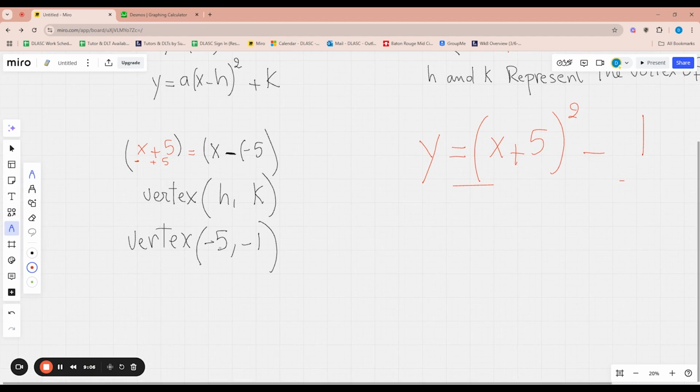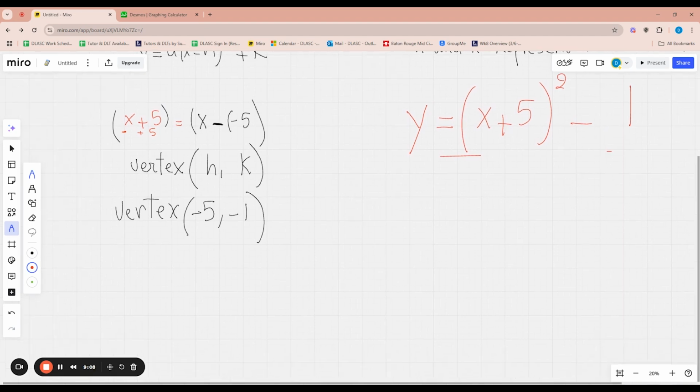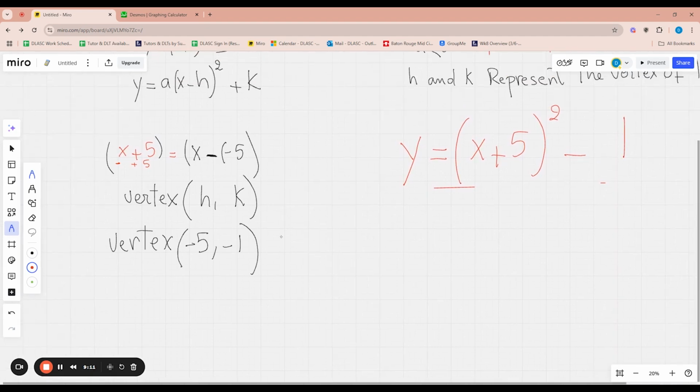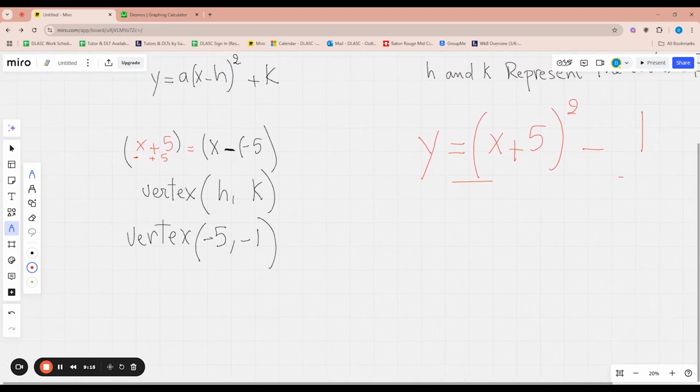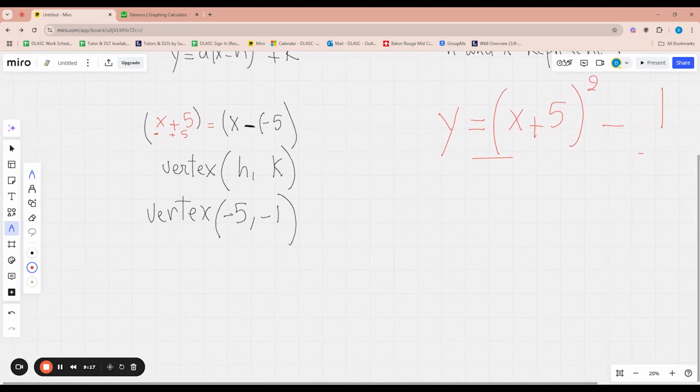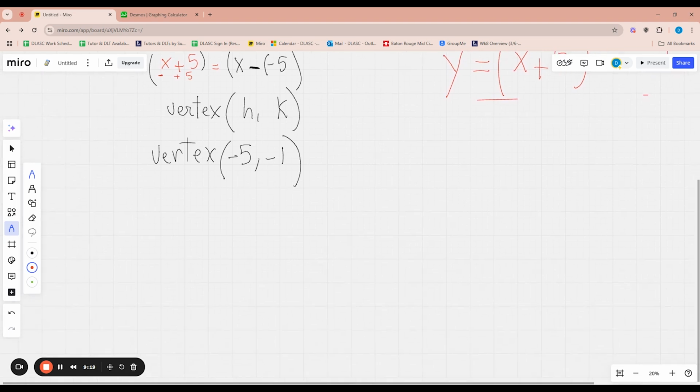So the h here is negative 5, and the k is negative 1. This is the first step: we find the vertex. The vertex is (-5, -1).